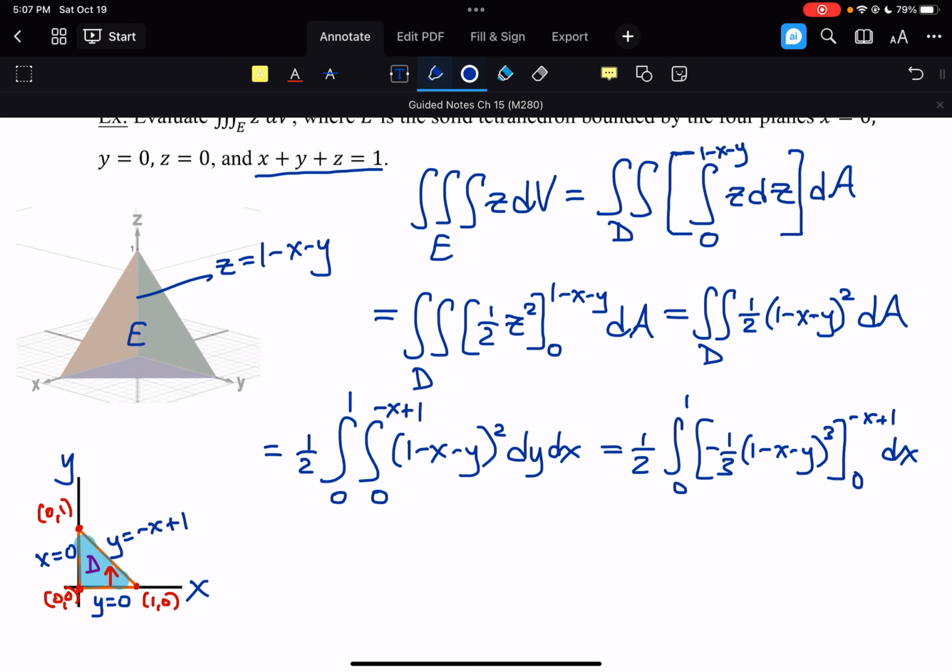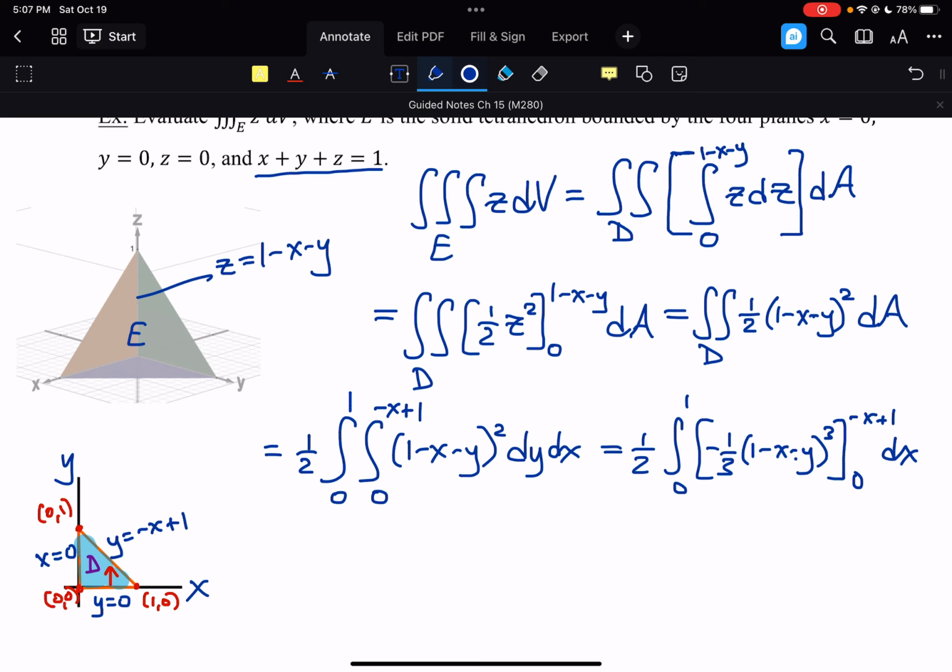But at that point, we could go ahead and substitute in negative x plus 1. If we sub it in for y, we get 1 minus x minus negative x, so plus x.